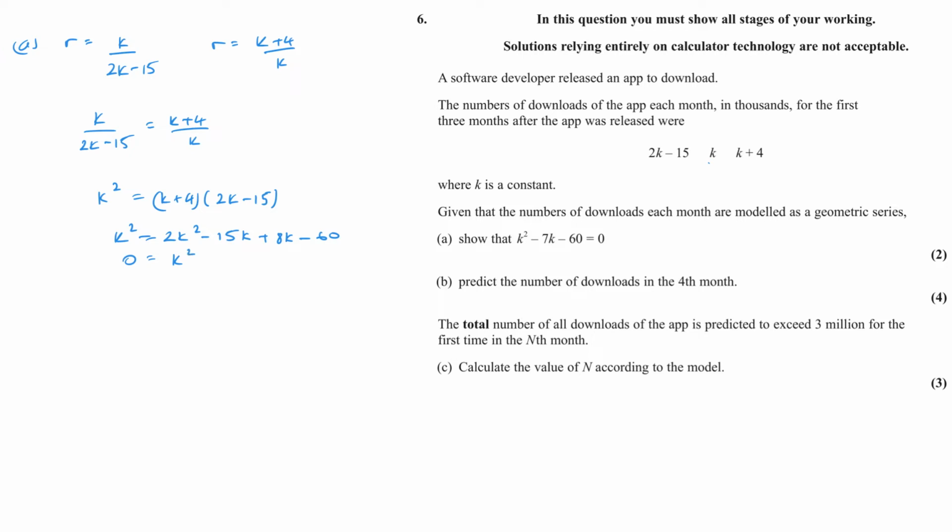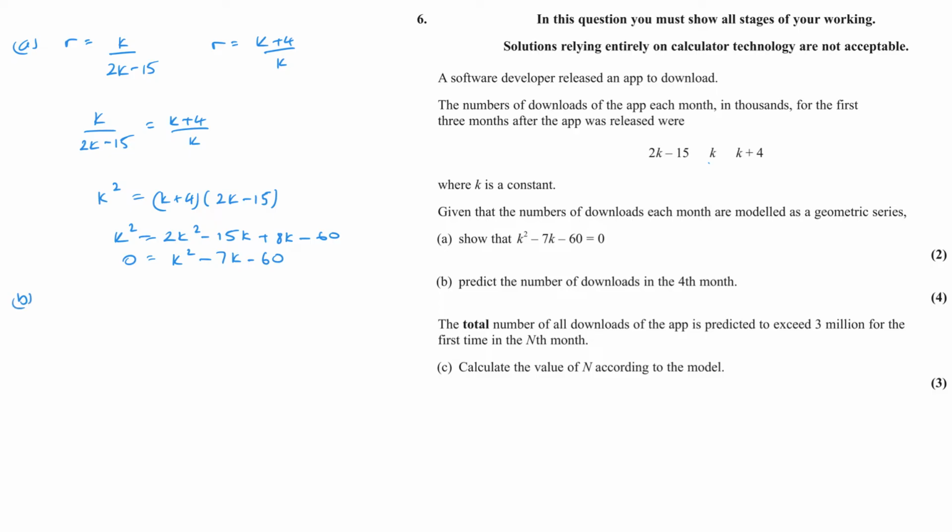So it's 1k squared. Minus 15 plus 8 is minus 7k minus 60. And that was what we were requiring. So that's part A done.